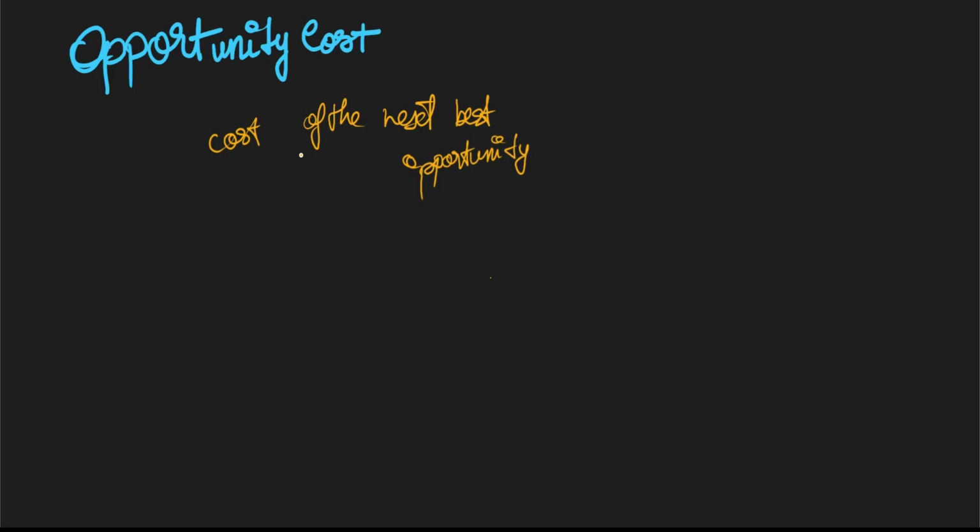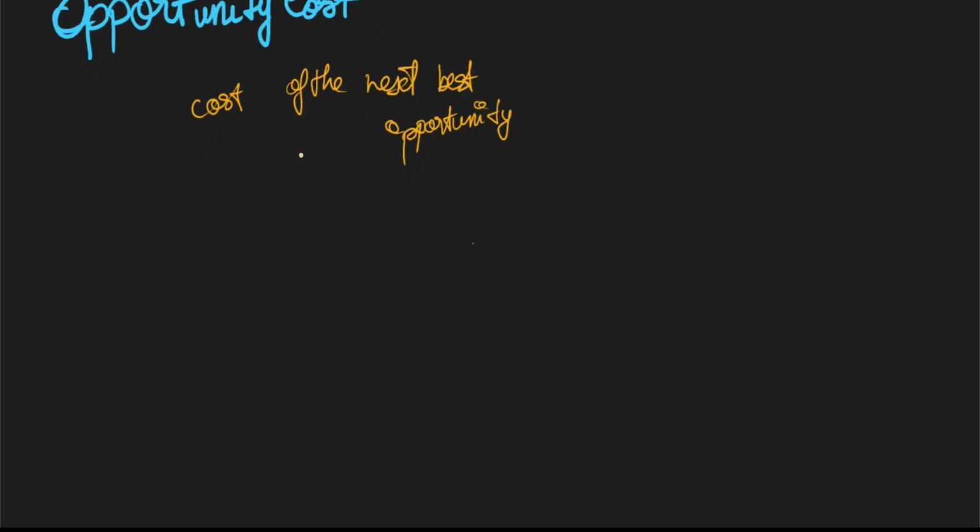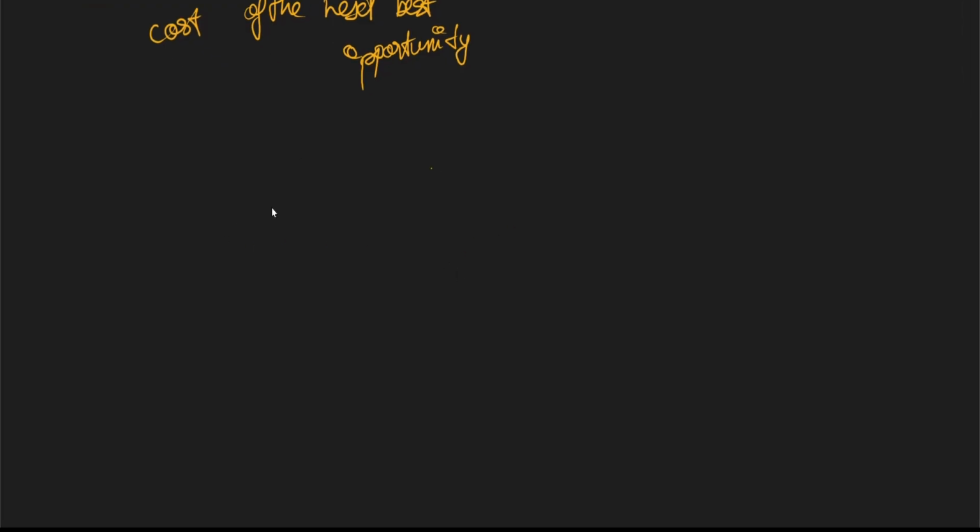Now, opportunity cost can also be calculated. So let's take an example. You have 40 units of A and 20 units of B. At any one point, 40 units of A and 20 units of B can be produced together, or 60 units of A and 10 units of B can be produced together at the same time, right?